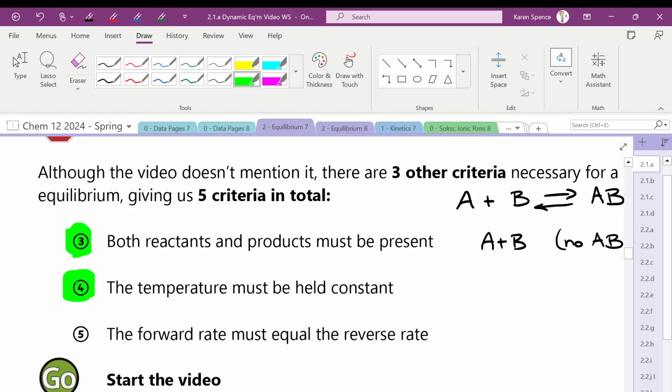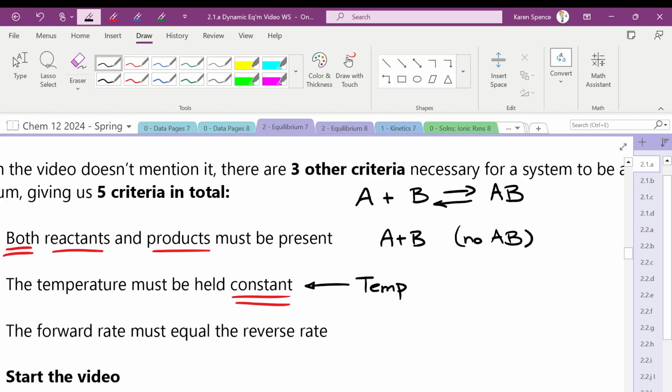Now, the temperature also has to be held constant. Because what does temperature do to a reaction? Yeah, temperature affects the rate of the reaction. And you know what?